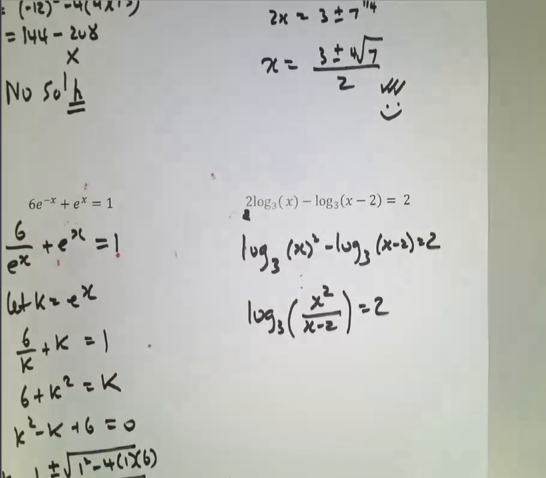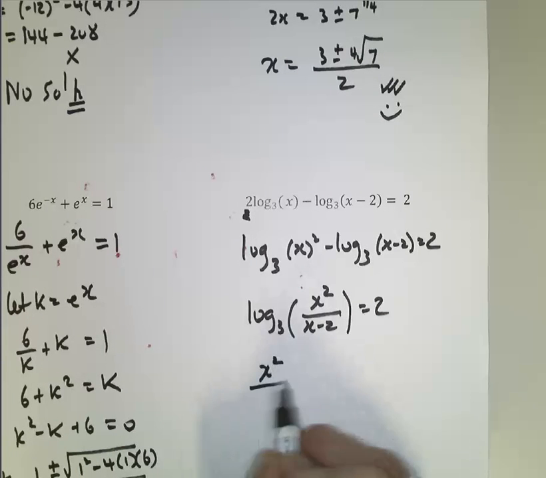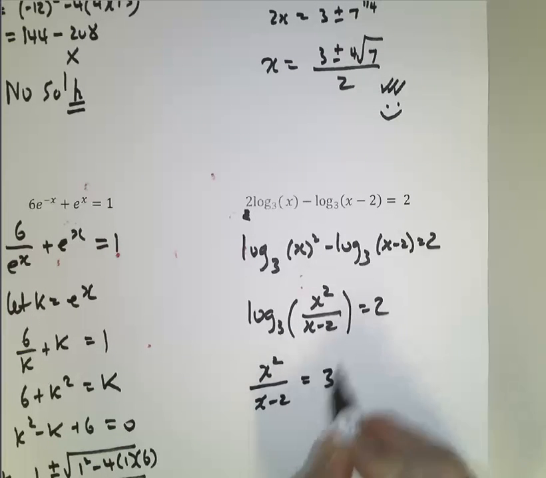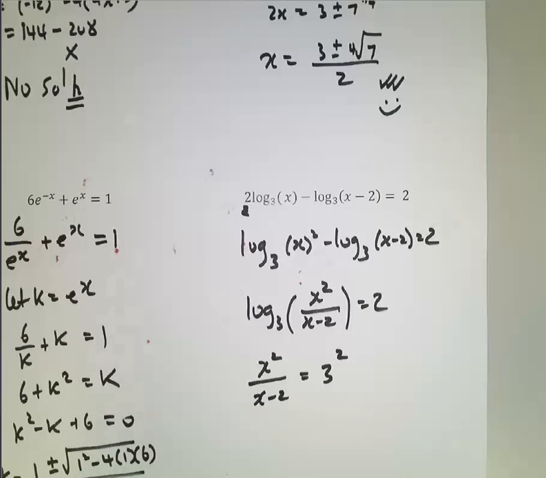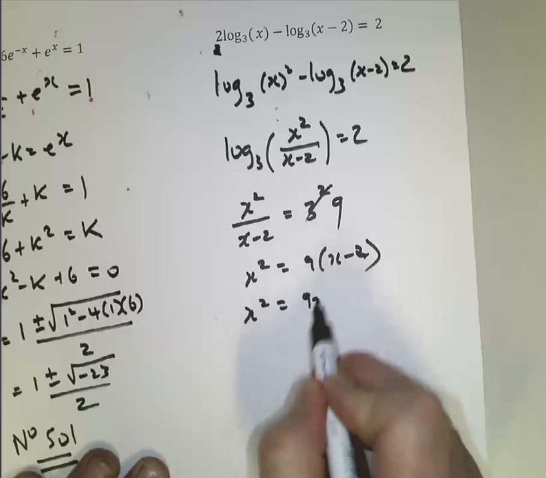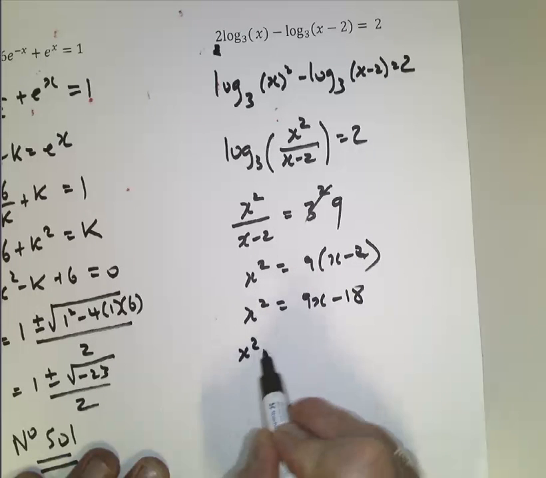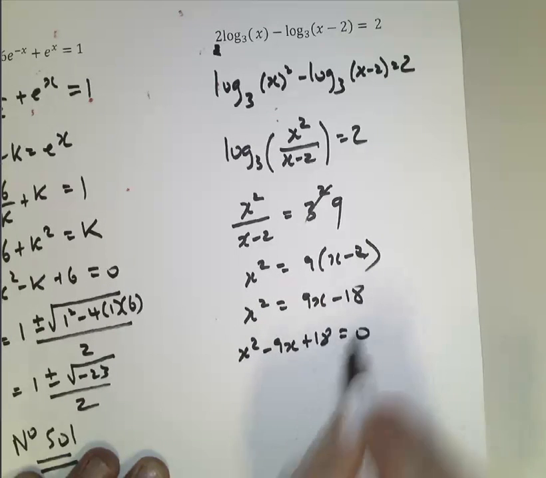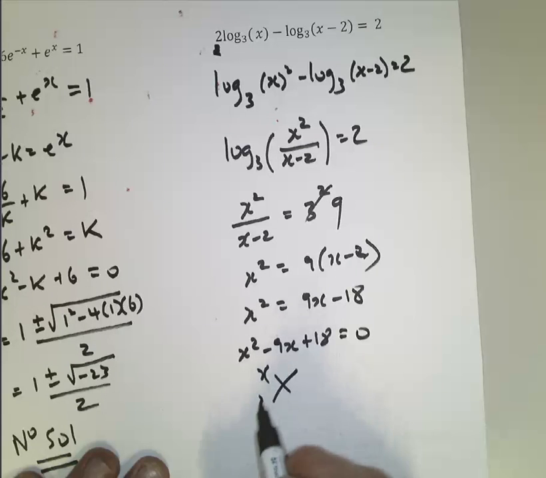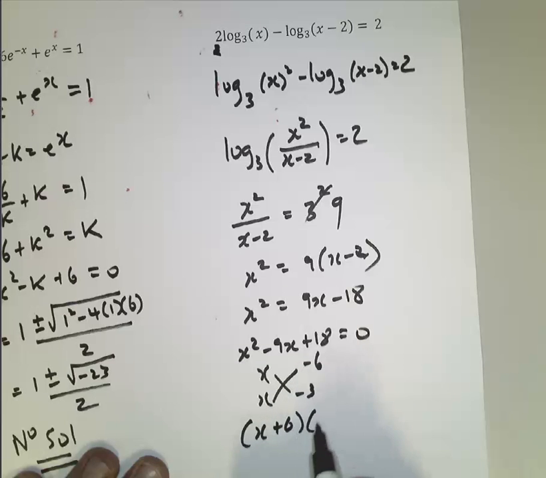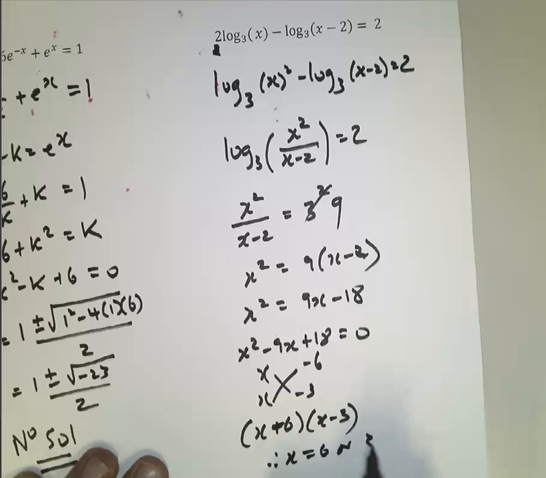Since I have the one logarithm, I'm going to turn it into an exponential. x squared over x minus 2 equals 3 to the power of 2, or 9. x squared equals 9 times x minus 2. x squared equals 9x minus 18. x squared minus 9x plus 18 equals 0. (x minus 3)(x minus 6), therefore x equals 6 or 3.